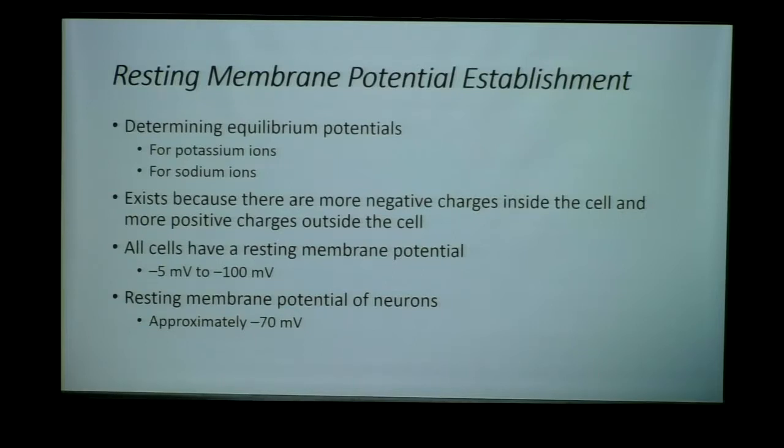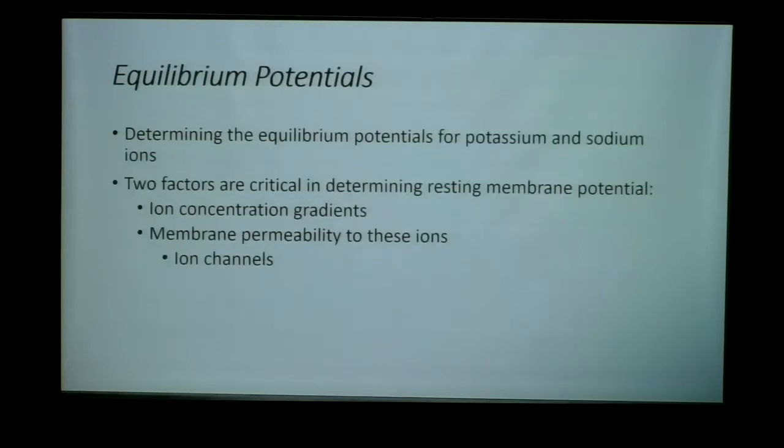And again, to remind ourselves, this means that the inside of the cell is -70, more negative, with respect to the outside of the cell, right? We're referencing the intracellular environment. Okay, so today's topic is really, how do we get there? How do we get to that -70?